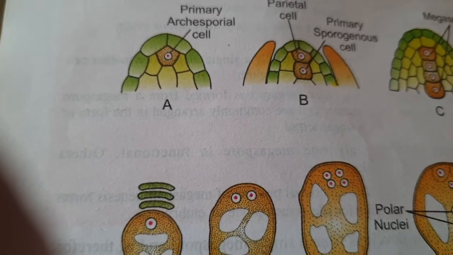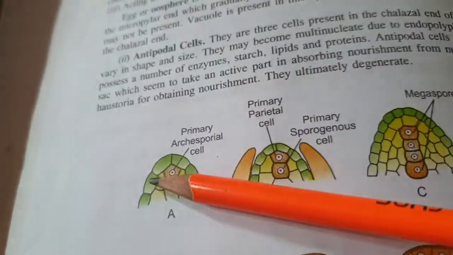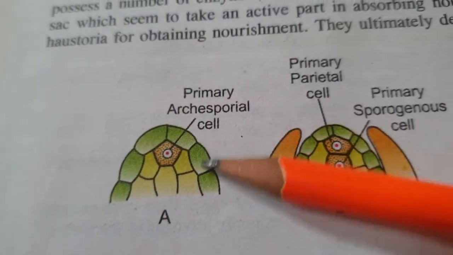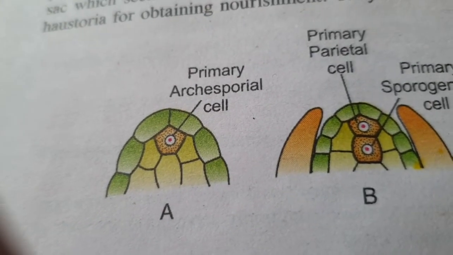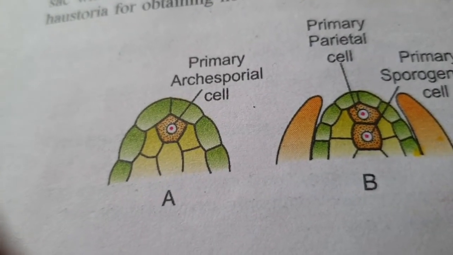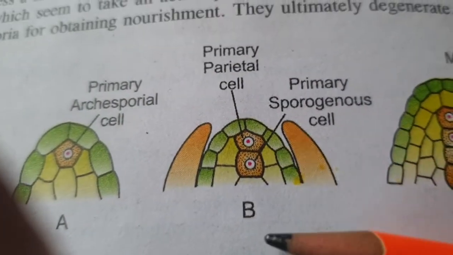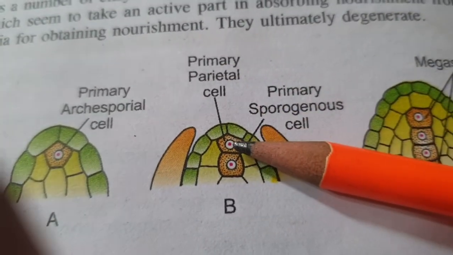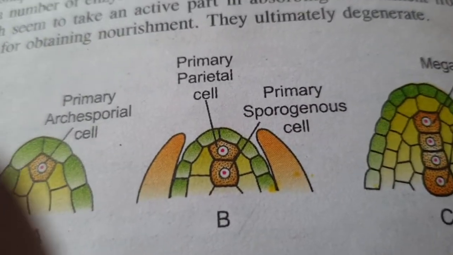This portion develops a hypodermal region, and that hypodermal region bears a cell which has a large nucleus and dense cytoplasm. This particular cell we call the primary archesporial cell. Now this primary archesporial cell divides transversely into two cells. The cell towards the epidermal part is known as the primary parietal cell, and the one towards the inner side is known as the primary sporogenous cell.